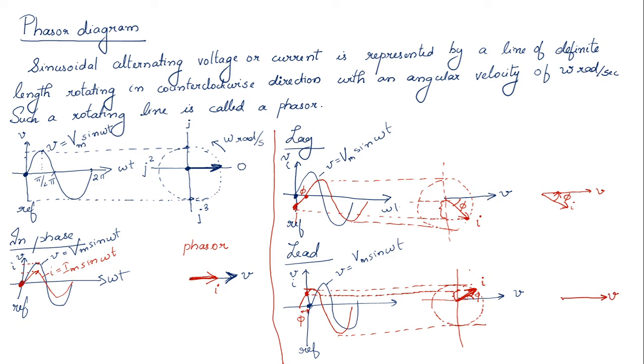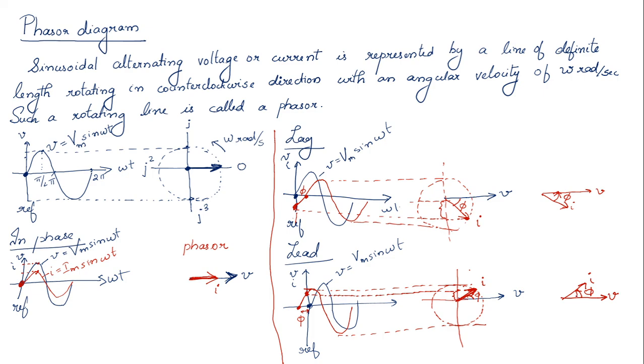This is the voltage phasor, and somewhere here we can draw the current, not exact angle. So 5 degrees I'll mark here, which shows that the waveform has already completed the zero value 5 degrees before, and now it is somewhere at this point.